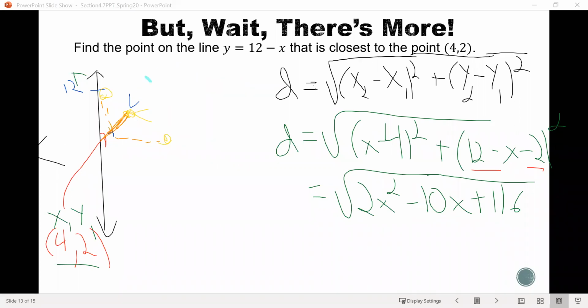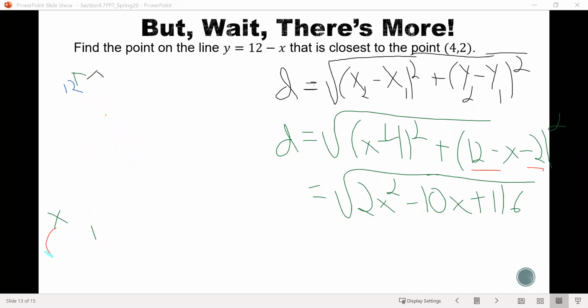And we're trying to find the point that is closest, which means we need to minimize this, right? And we know that generally for these types of problems, the next thing to do would be to take the derivative. However, taking the derivative here is going to be real nasty because there's this square root.